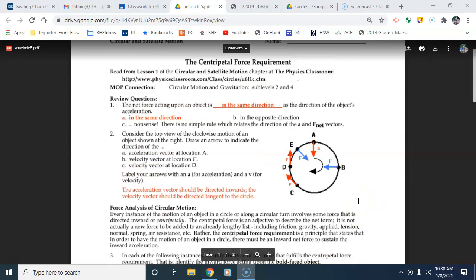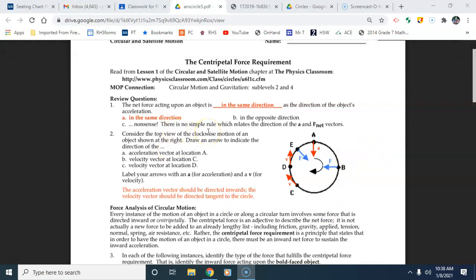So let's take care of some review questions from earlier in the week, or from even past units. The net force acting upon an object is A, in the same direction as the object's acceleration. The overall net, remember net means total, is always in the same direction as the object's acceleration.